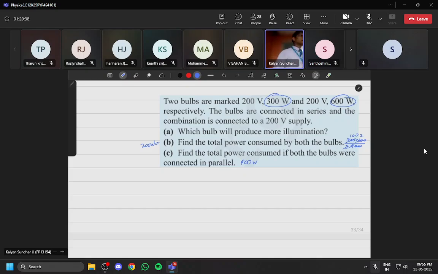So which will have more illumination? For illumination, you only need to find the power. Who has got more power? R will be equal to V square by P, where V is V naught, and V square is constant, 200, 200. So for whichever has more power, the resistance will be less. This is for your P naught value.